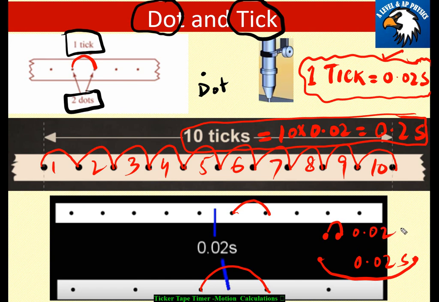But what is the difference between these kinds of motion? The main difference is that this one is simply telling you the object is moving slowly, and in this case the motion is fast. That is the only difference, but the time interval is the same.